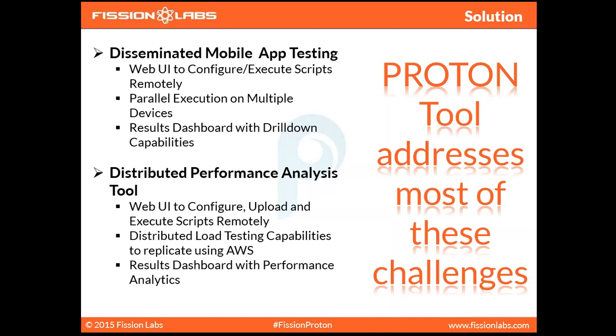Because in order to do a performance analysis on the application, you need to set up the infrastructure, set up the proper tools, and then write the scripts. Then you execute in that particular environment. Even after that, you are not very clear that you are really testing against a real-time scenario.